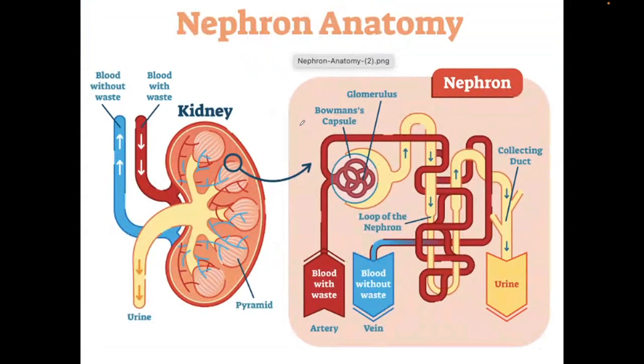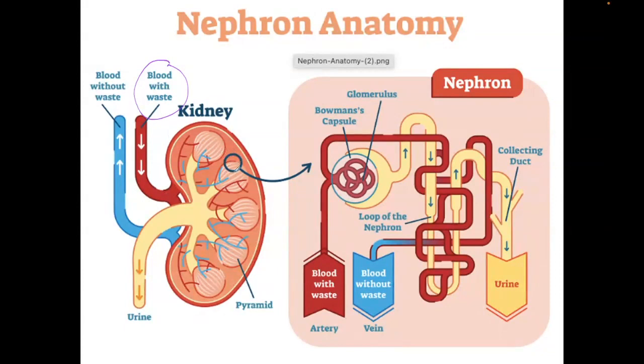So very simply put, we have blood with waste coming in through that renal artery into the segmental artery, into the interlobar artery, into the arcuate artery, into the cortical radiate artery, into the afferent arteriole, into the glomerulus, right?